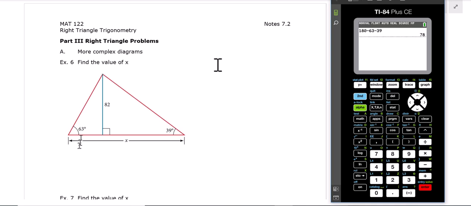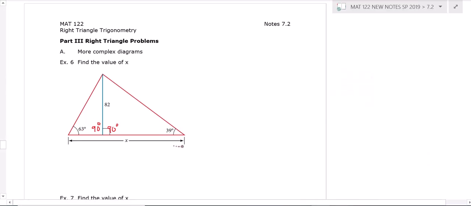But what you do have is two right triangles. So this is a 90-degree angle there, and so is that, because a straight line makes a 90-degree angle. Here's the approach I'm thinking. We're supposed to find the total side x there.